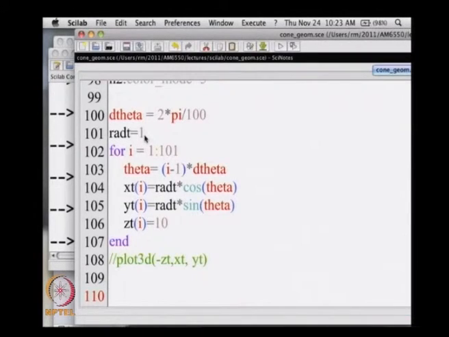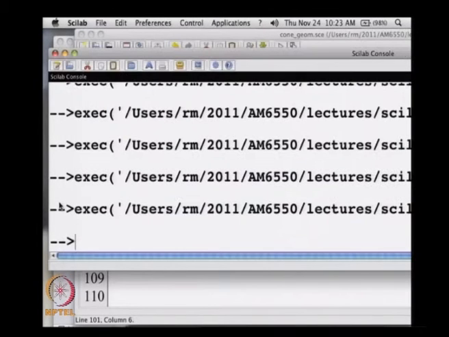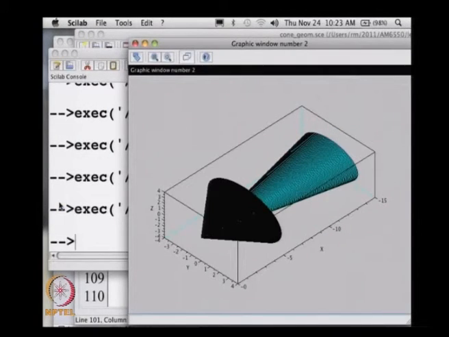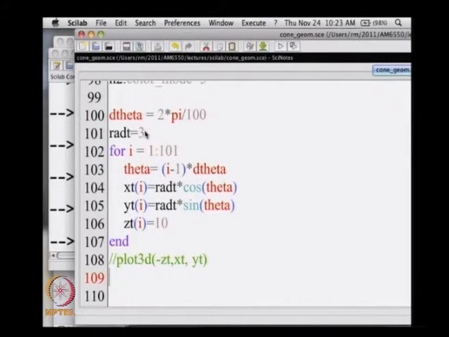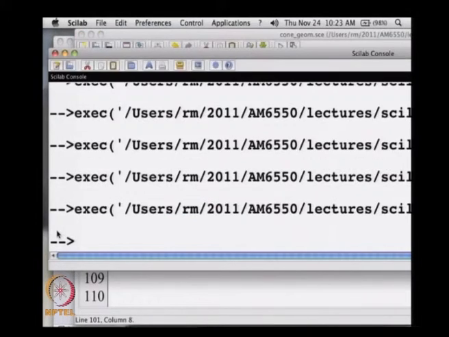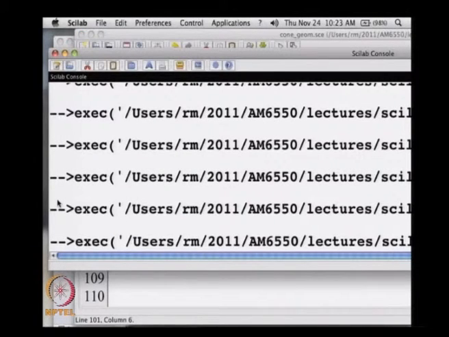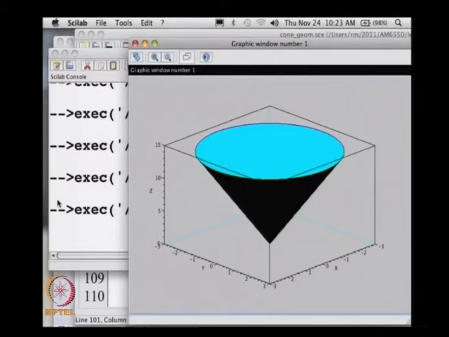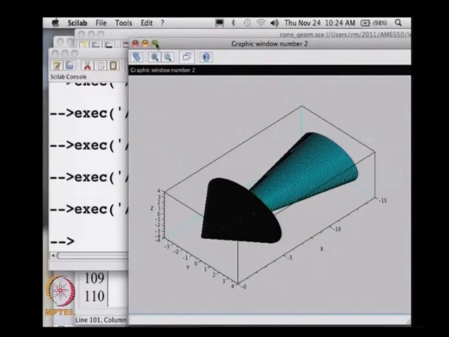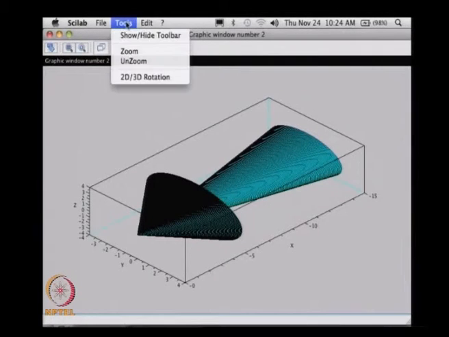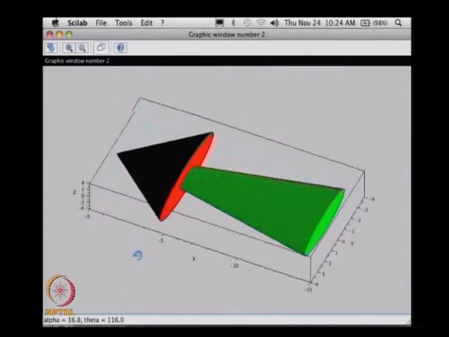Interesting. Sorry. Why am I not getting this?